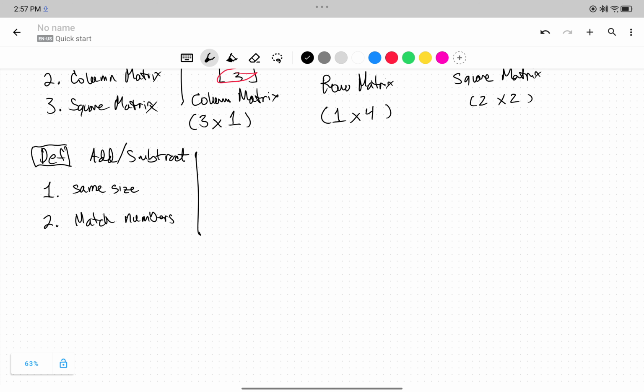Okay, let's see it in action. Let's call this matrix A, and we're going to add it with matrix B. Again, I'm just making up some numbers.